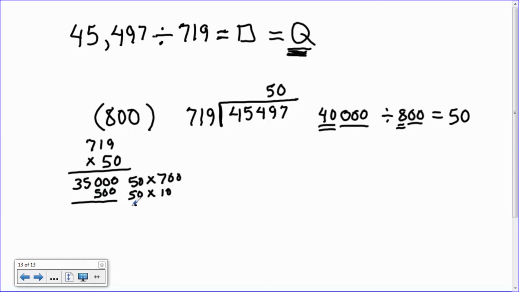And then finally 50 times 9, which is 450. Now when I add these together, it looks like 35,950.